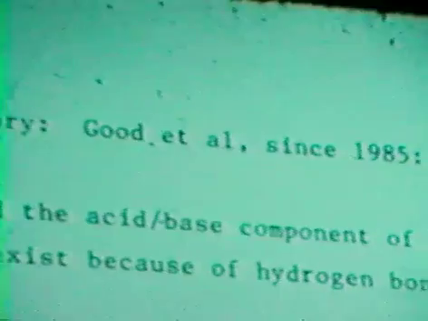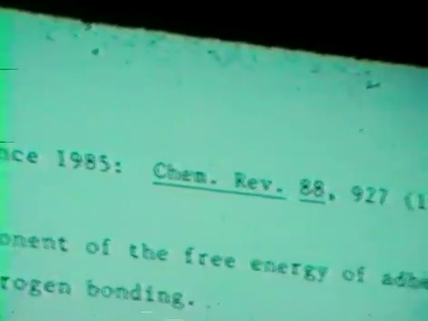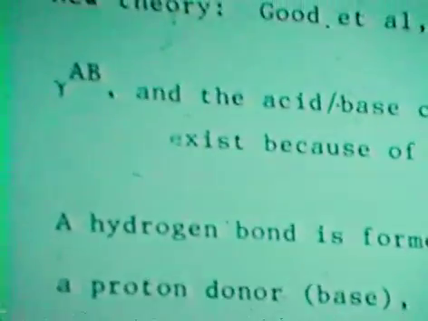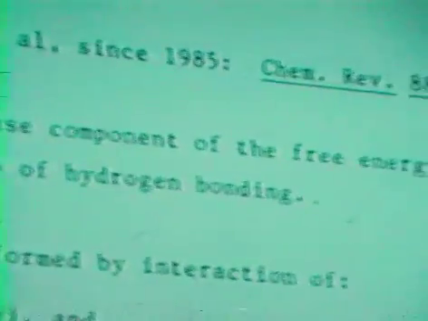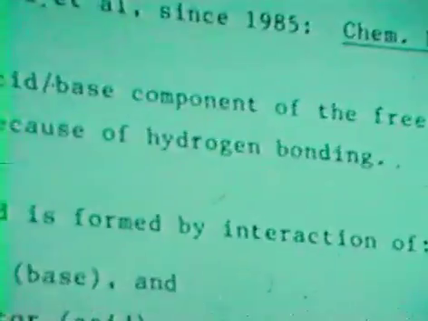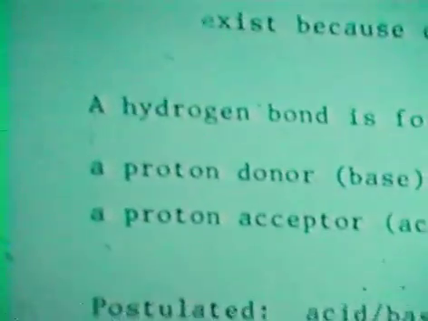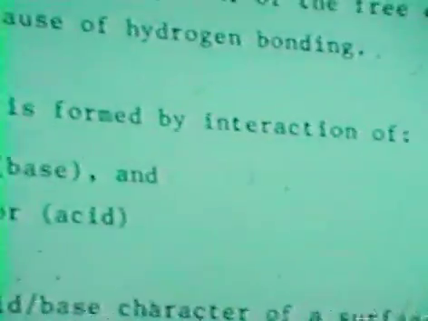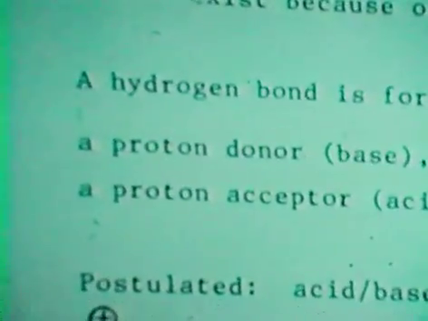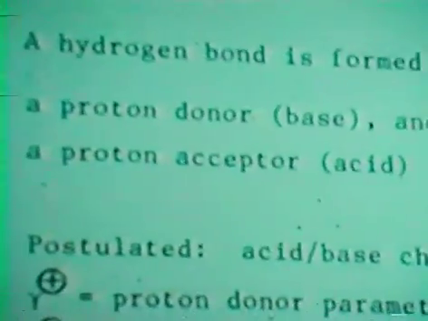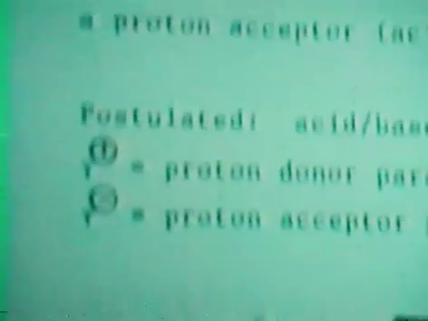The theory that we've been developing since about 1985, and which is reviewed in Chem Reviews in 1988, identifies two components for the acid-base component of the surface energy. We use generalized acid-base theory, in which a hydrogen bond is formed by a proton donor, an acid, interacting with a proton acceptor, a base.